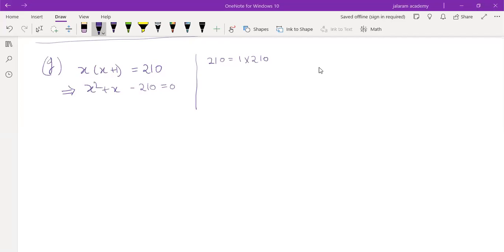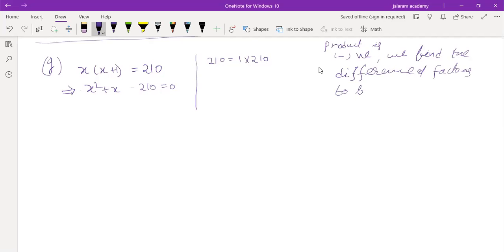When the product of the coefficient of x square and the constant term is negative, understood, we find the difference of factors, which must be equal to the coefficient of x.